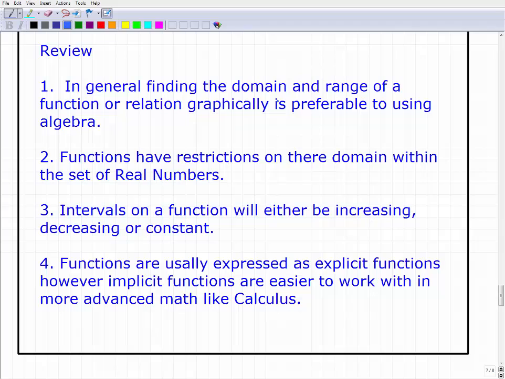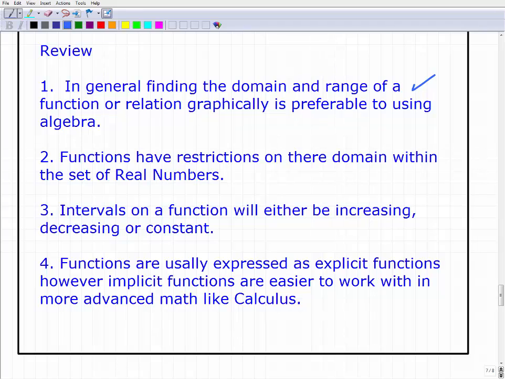In general, finding the domain and range of a function or relation graphically is preferable to using algebra. When you have the graph and you know how to define those spans, it's really good. That's why graphs are really important and make our life so much easier. So if you have the graph, you can define a domain and range much easier than just using algebra. Okay.